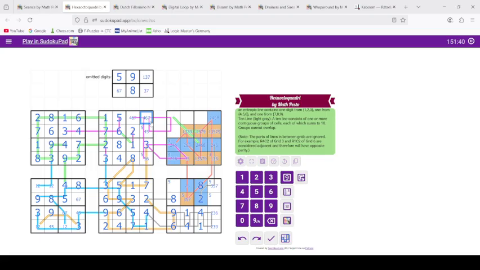If this is a 7, there has to be a 6 over here. So what if this had a 6 in it? What if that wasn't 2, 4? This was 6, 4, 5.